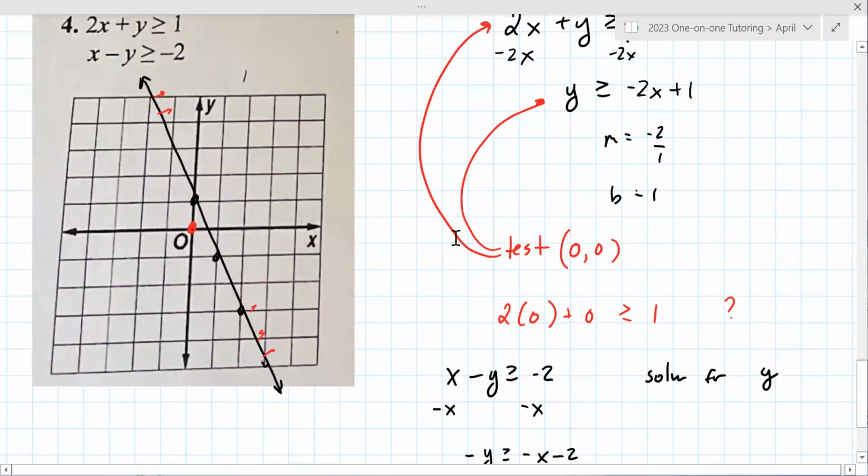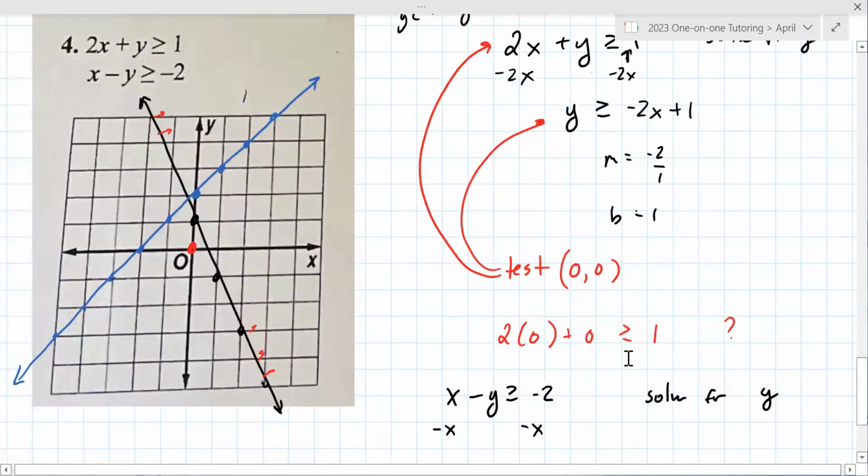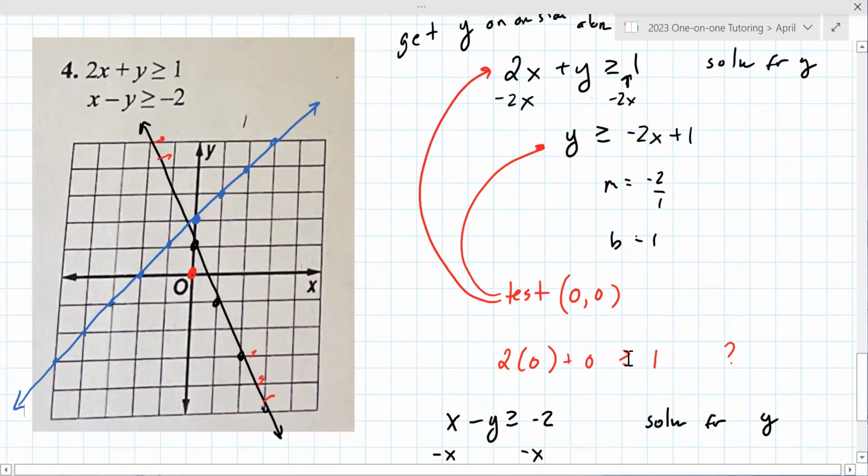Yep. This is a straight line, right? Yes. Not dotted.